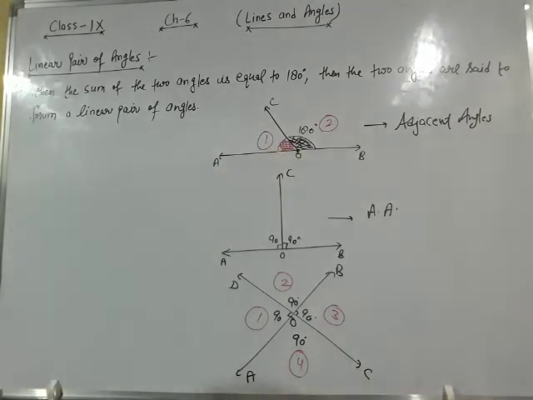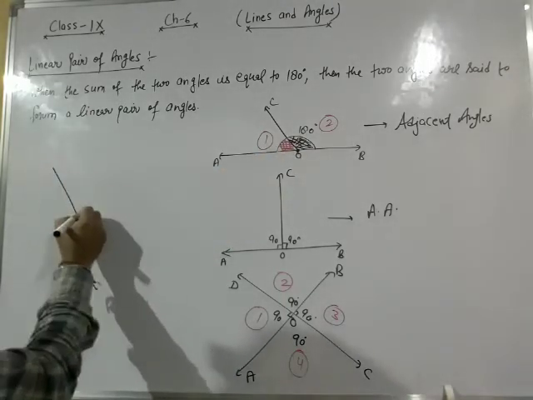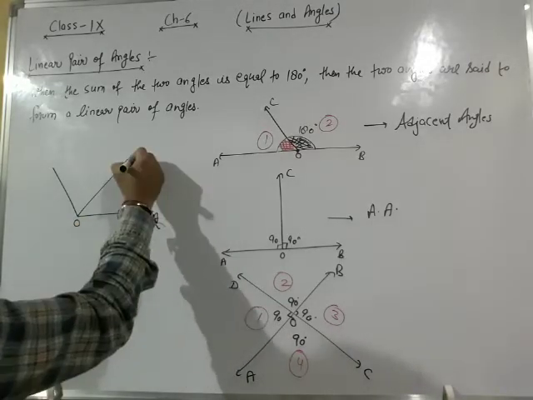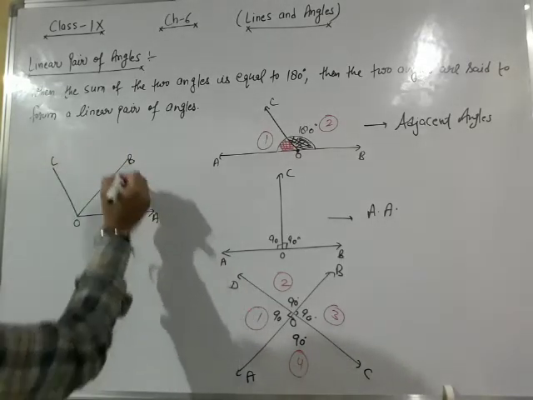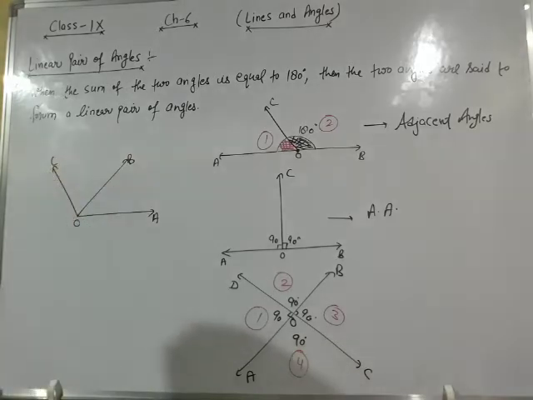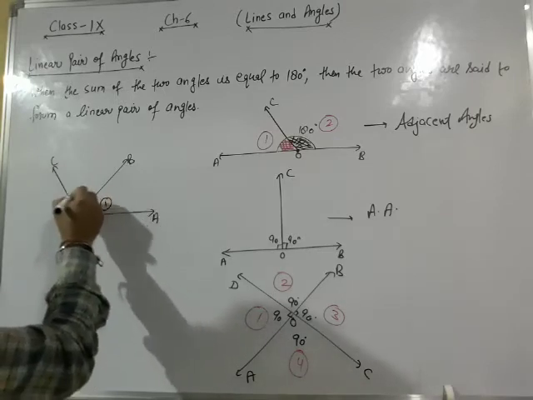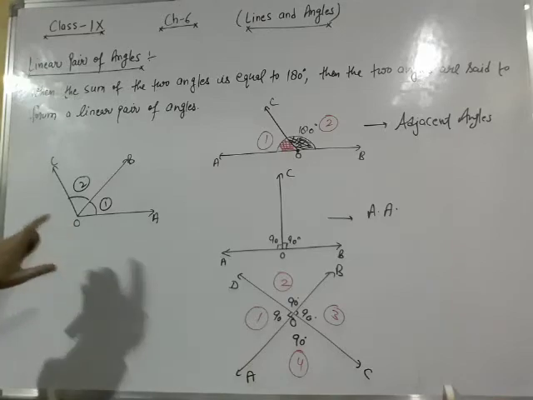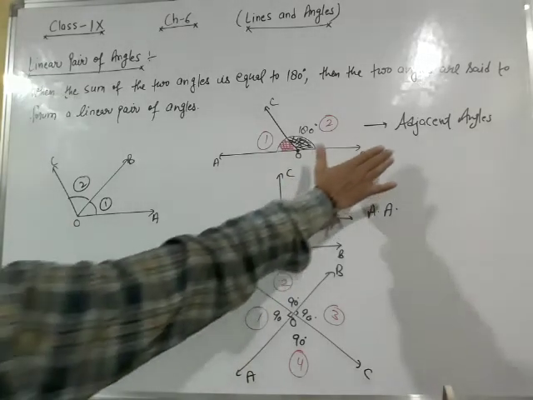Suppose we are considering two adjacent angles like this, O, A, B, C. Okay, these are the three rays which are intersecting each other at point O, and the angles are here angle 1 and angle 2, right? So what are the three properties of adjacent angles?